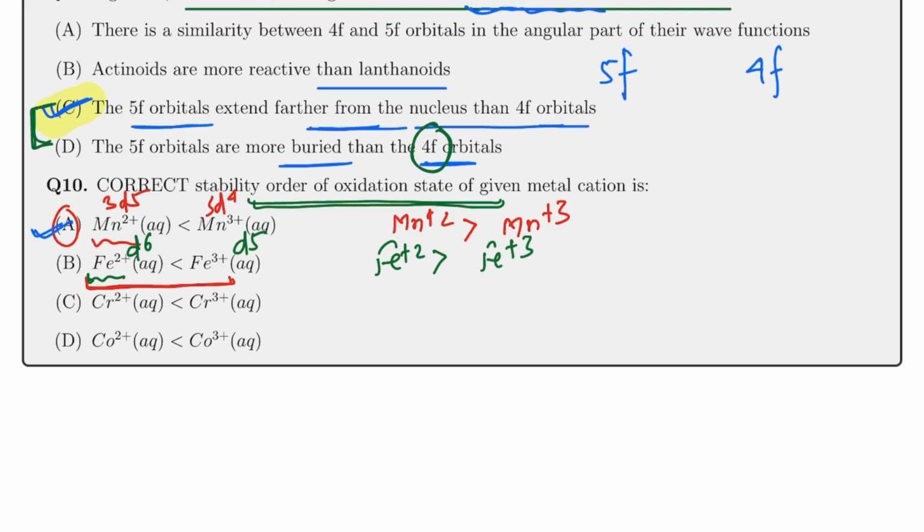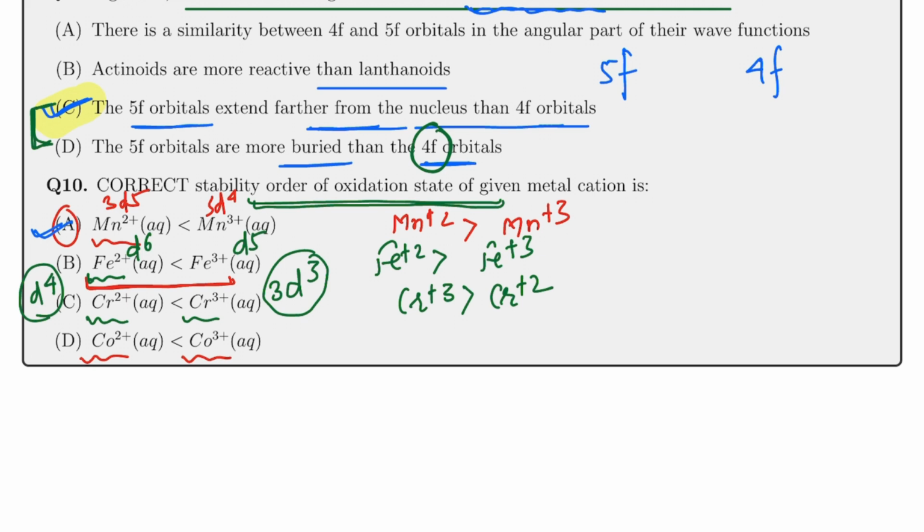Now the third one, chromium plus 2 and chromium plus 3, it makes sense. Chromium plus 3 is a d3 system and chromium plus 2 is a d4 system, right? So you can say chromium plus 3 is greater than chromium plus 2. The reason here is the splitting of orbitals. Now the next one is cobalt plus 2 and cobalt plus 3. This is also very, very important.